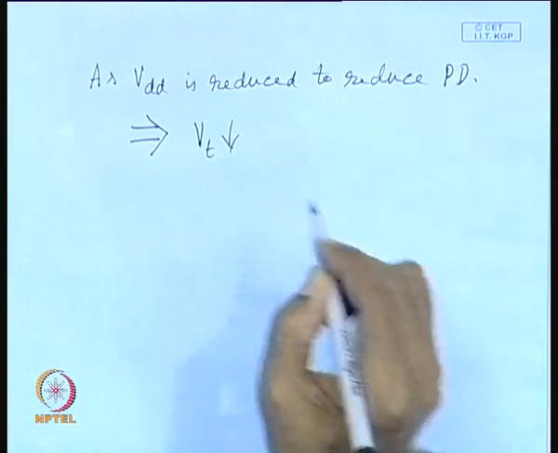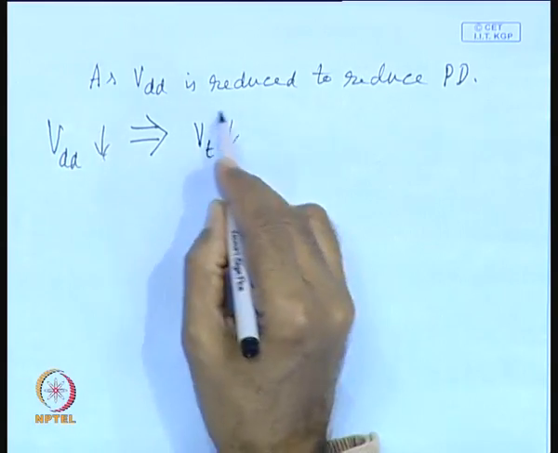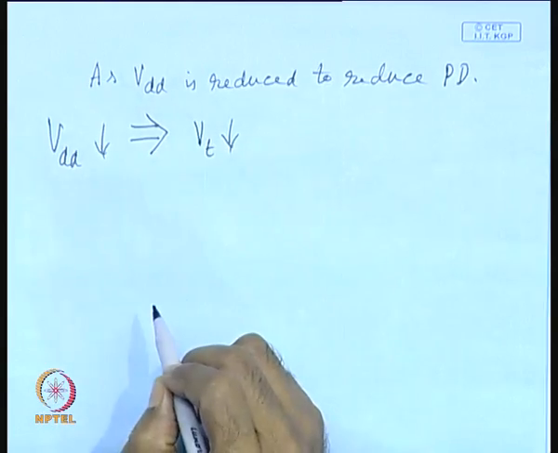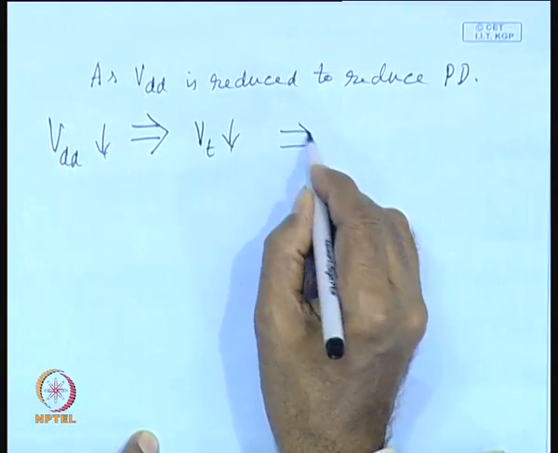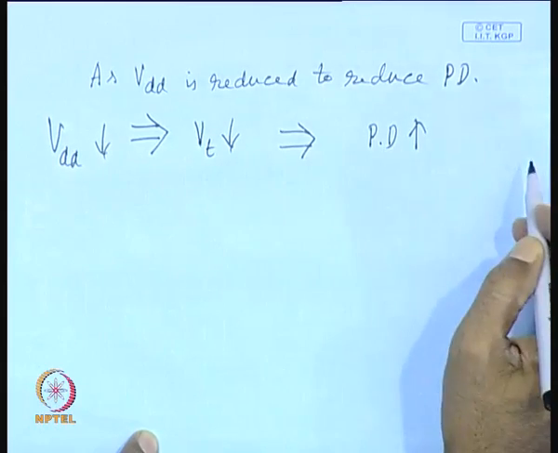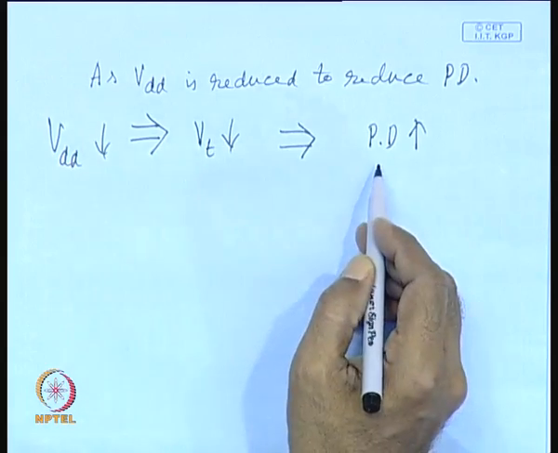Vt has to be lowered. That means, as VDD is lowered, you have to reduce the threshold voltage. We have seen that in constant field scaling, but as you do so, it increases the power dissipation. So, it has become a kind of vicious circle.